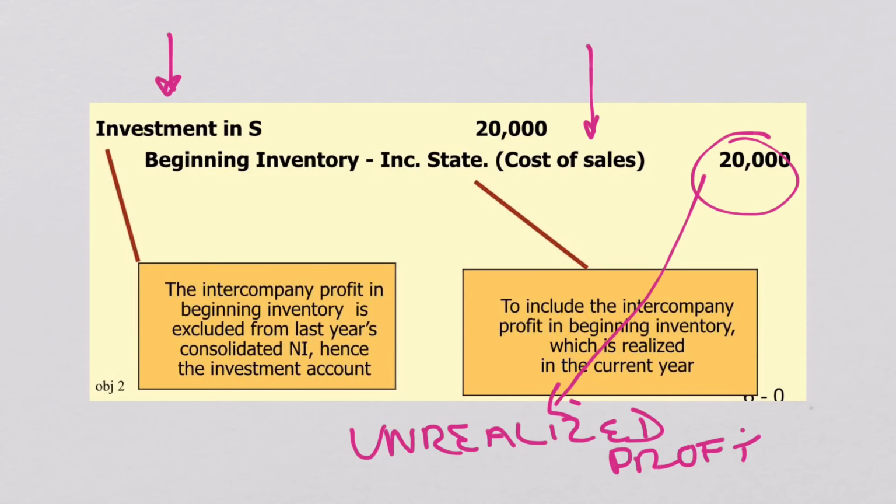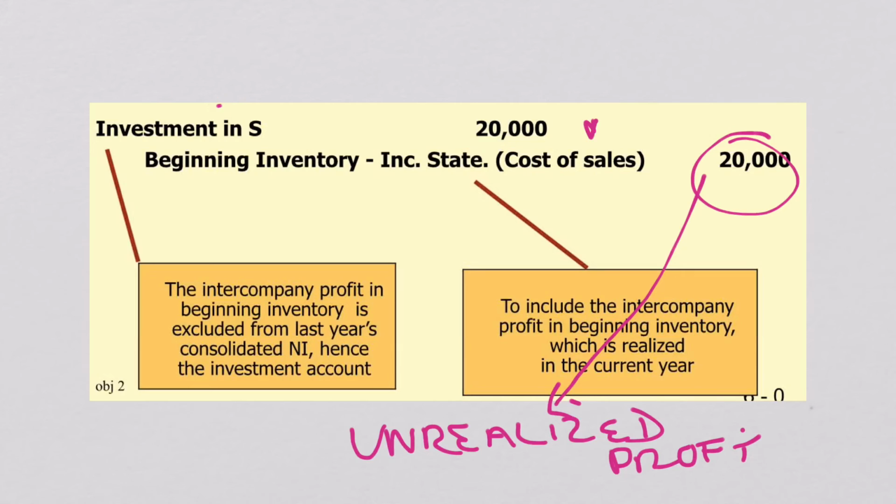The reason for the debit here is because on the books of the parent company, what they did is they had done the following entry in the year of sale, meaning the year after the original sale, the follow-up year, the year where we're reversing the entries effectively.